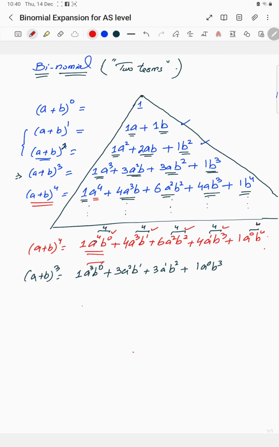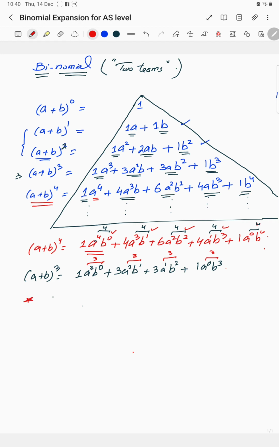So here, as the power of the binomial expansion is 3, the total sum of indices will be 3: 3 plus 0 is 3, 2 plus 1 is 3, 1 plus 2 is 3, and similarly 0 plus 3 is 3, and so on. I hope you got these 2 points.